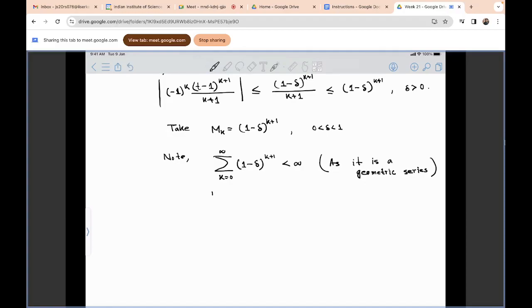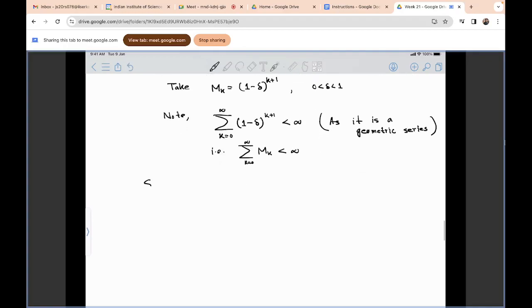So summation Mk is finite. So by the Weierstrass test, this series, summation k equals 0 to infinity of minus 1 to the power k times t minus 1 to the power k plus 1 by k plus 1, is uniformly convergent.